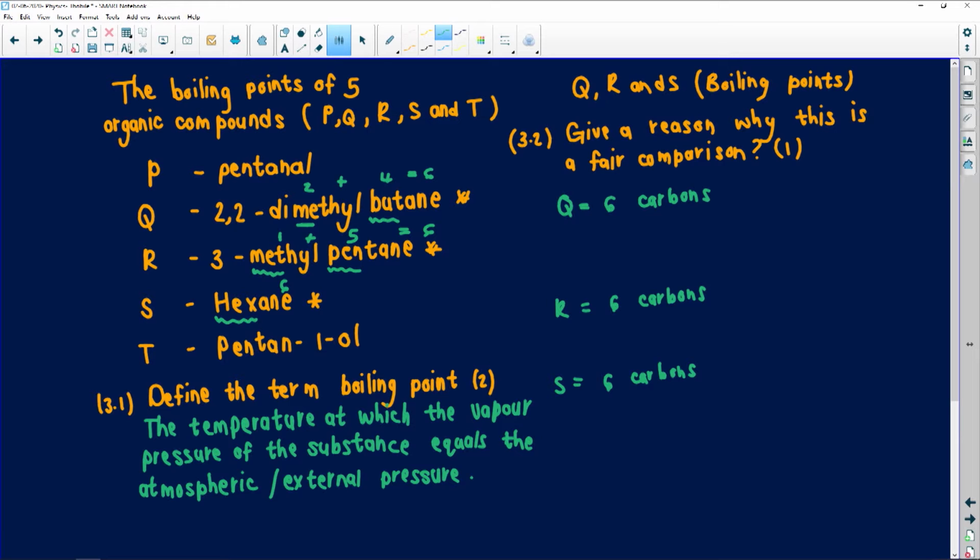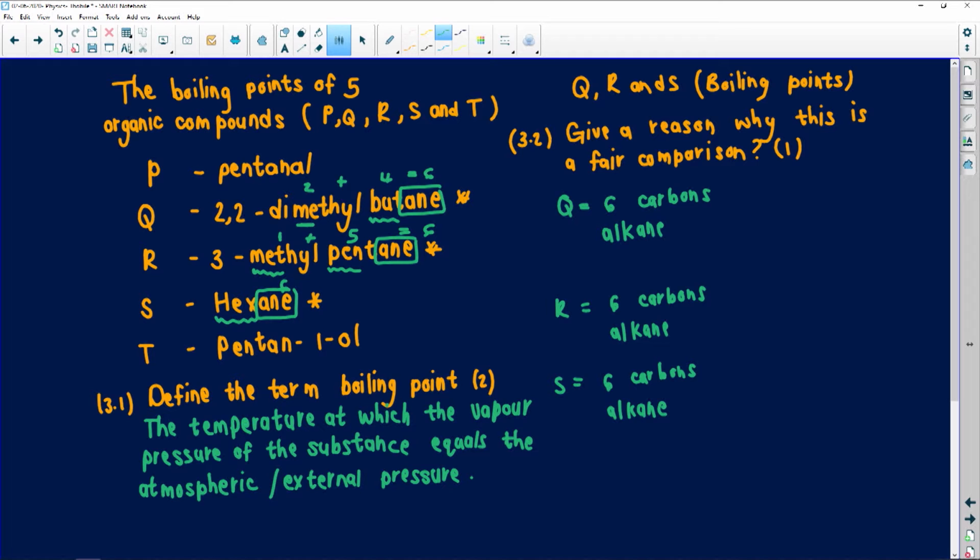Let's see what else we can find. Let's look at the name ending. Ane means it's an alkane. Pentane means it's an alkane. Hexane means it's an alkane. So in all of them, they are alkanes. This one's also an alkane, and this one's also an alkane. Let's see what else we have.